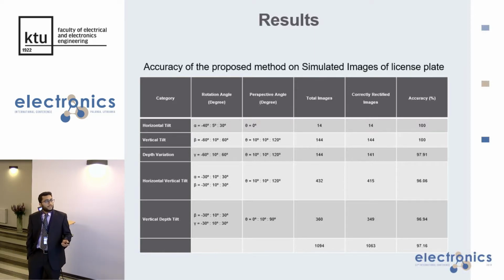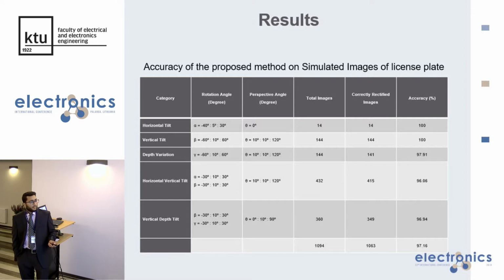For the vertical tilt, we did the rotation angle from minus 60 degrees to 60 degrees with a perspective angle variation from 10 degrees to 120 degrees. Here also all the images were correctly rectified. Then we did the depth variation, and after that we did the horizontal and vertical tilt, and vertical and depth tilt also.